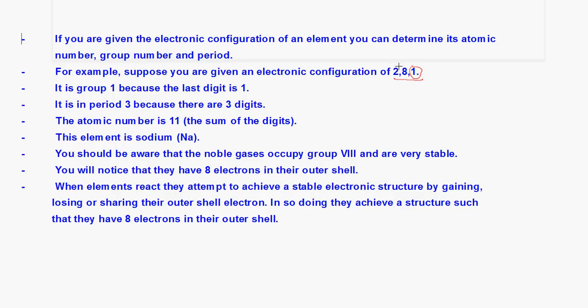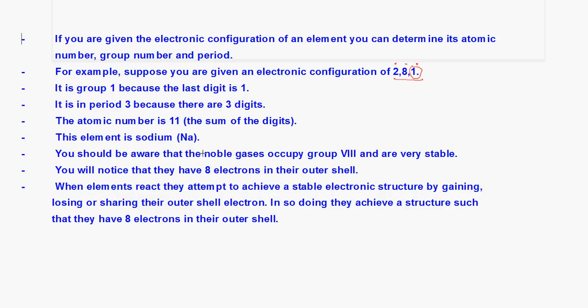We have 3 numbers, 1, 2, 3. So therefore I know it belongs to period 3. I can also determine the atomic number. The atomic number is simply 2 plus 8 plus 1, which is 11. So to get the atomic number from the electronic configuration, we just need to add the digits that make up the electronic configuration. And this element, as we know, is sodium.